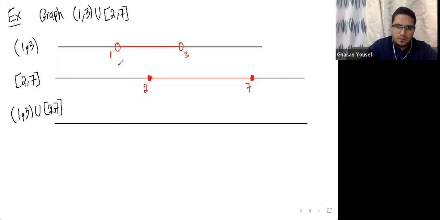You graph exactly the same as this interval, and you graph the 3 again here, with a line between them. This is the 3 here. And again, you graph this one, which is 2, above this one. And you graph the point 7, and draw a line between them like this.